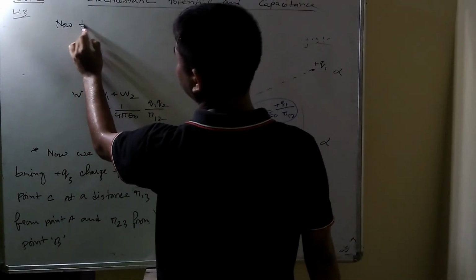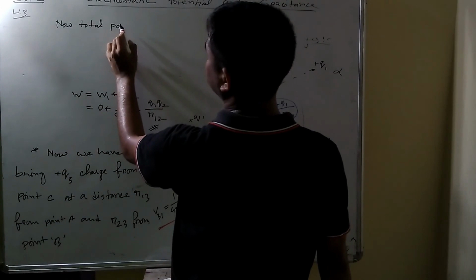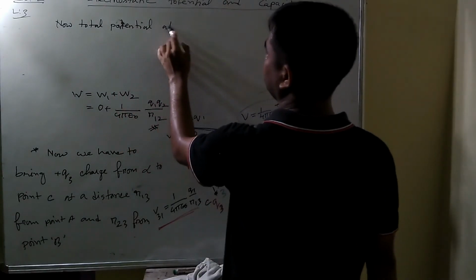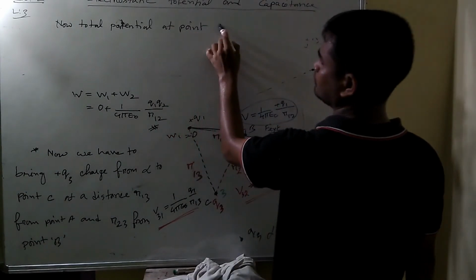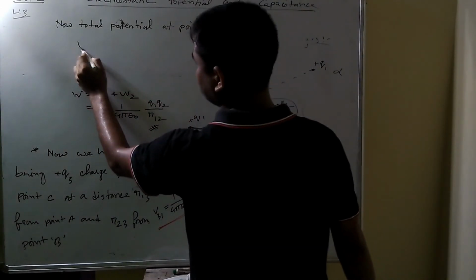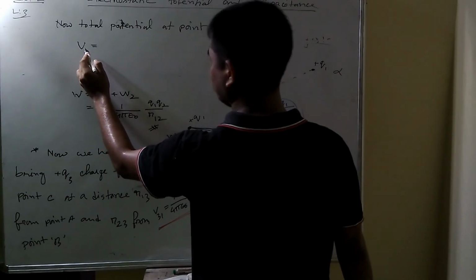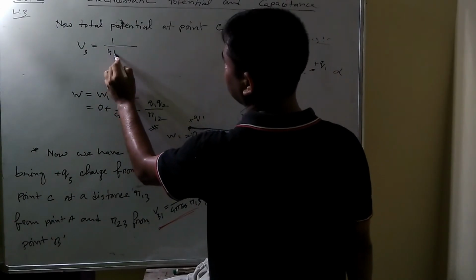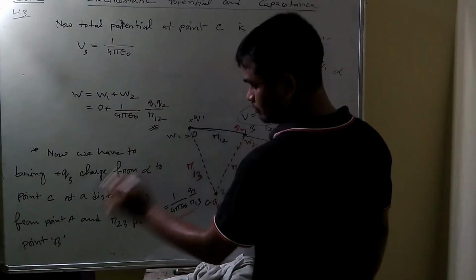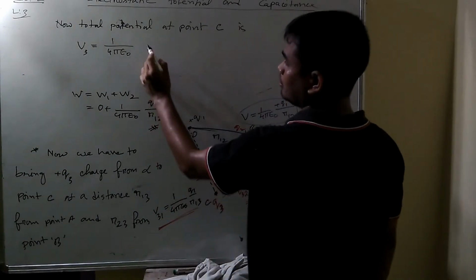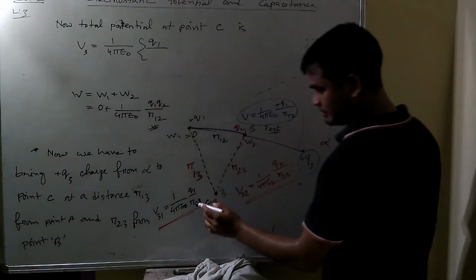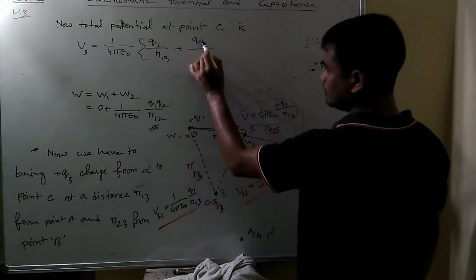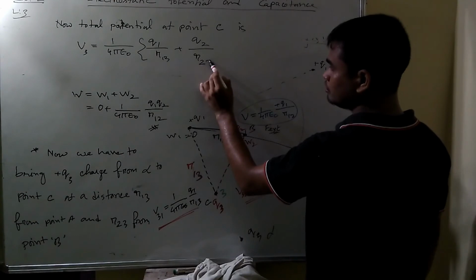Now the total potential at point C is V3. You can write V3 equal to 1 by 4 pi epsilon naught, Q1 by R13 plus Q2 by R23.